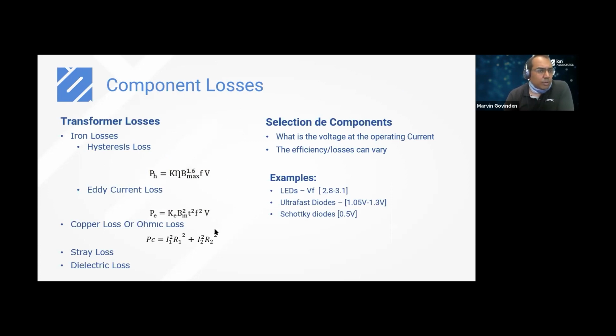Do I have losses? Am I having losses in the core, in the iron, in the ferrite material, hysteresis loss? Are there eddy currents? There are formulas for all of these, and this is where we can say, okay, I need to be more efficient. Maybe I need to change some materials or some parameters in my construction to reduce my losses.